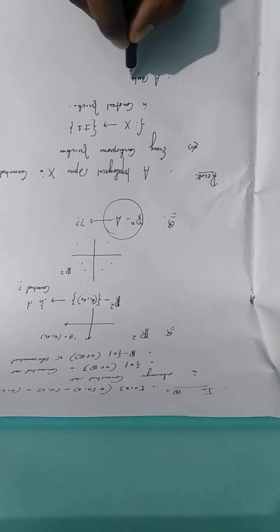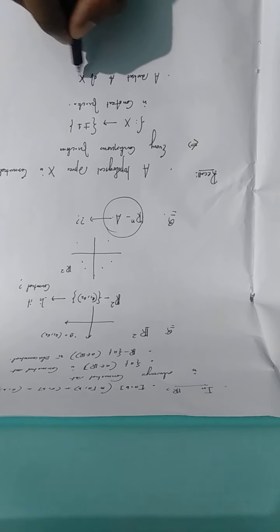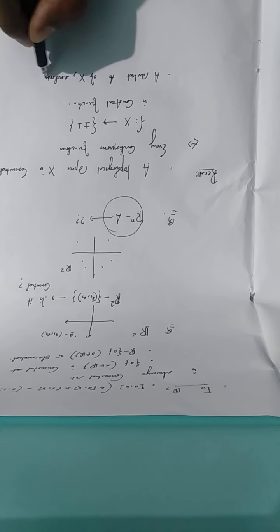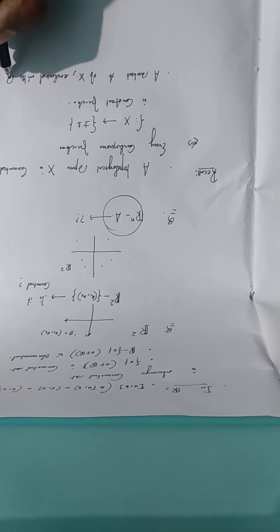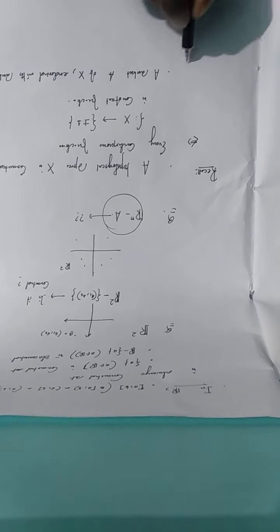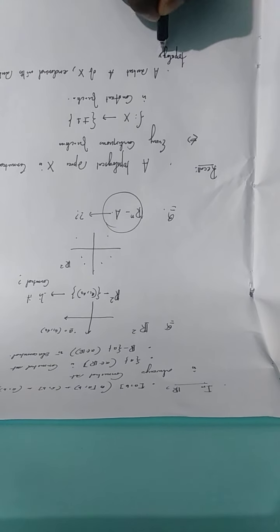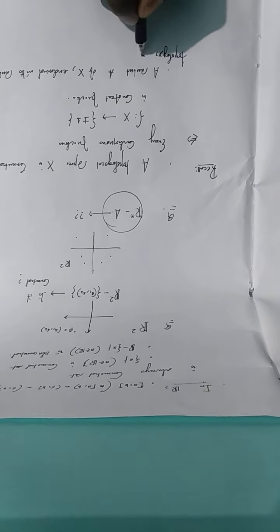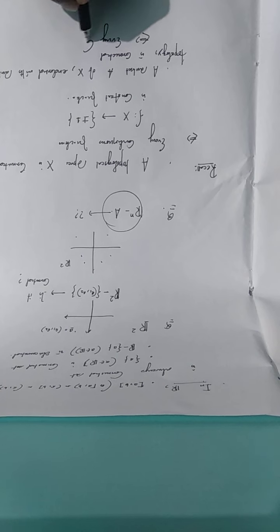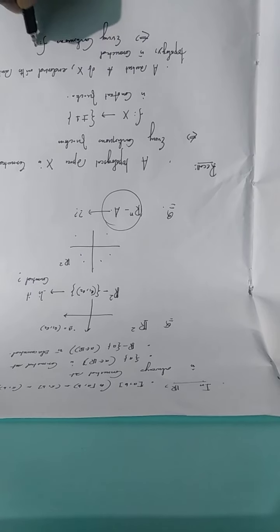And obviously a subset A of X endowed with the subspace topology is connected if and only if every continuous function, the same result also holds here, every continuous function f: X to {plus minus 1} is a constant function.